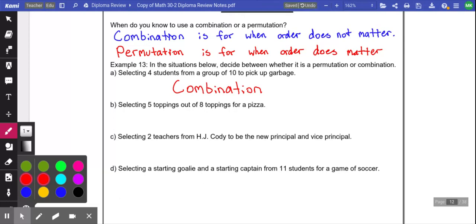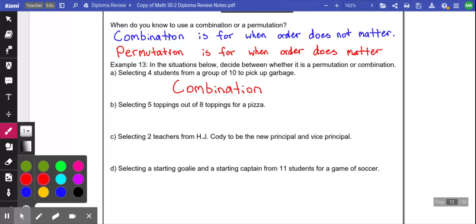Question B, selecting 5 toppings out of 8 toppings for pizza. Okay, let's just simplify this a little bit. Let's pick 2 toppings. If you're picking toppings for a pizza and I call up Pizza Hut and I say, hey, I want a ham and bacon pizza, does it matter if I say I want a ham and bacon pizza or a bacon and ham pizza?